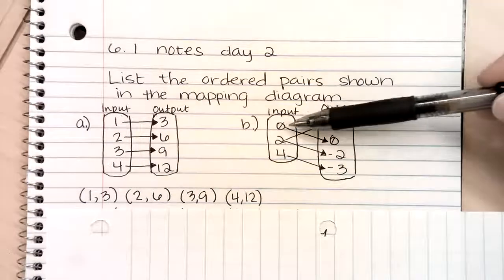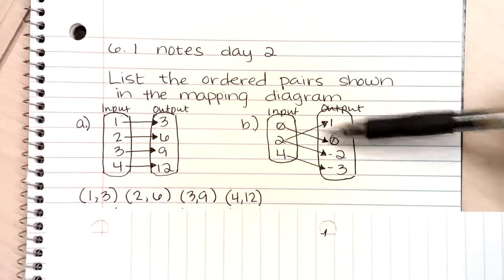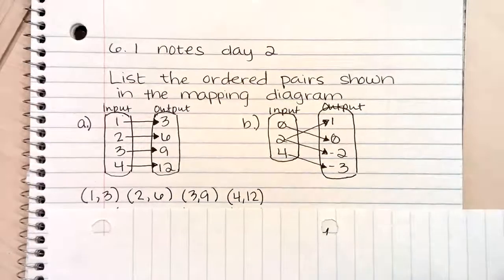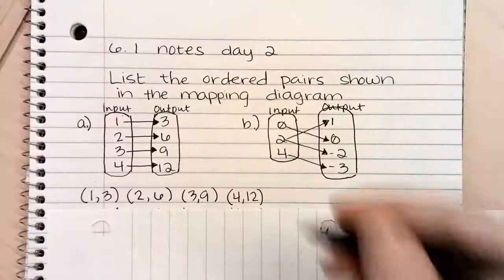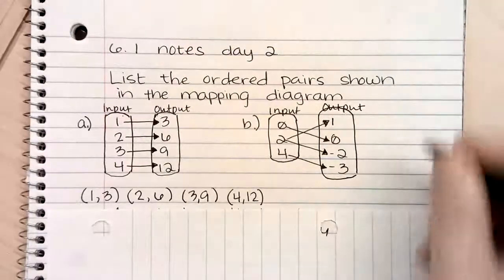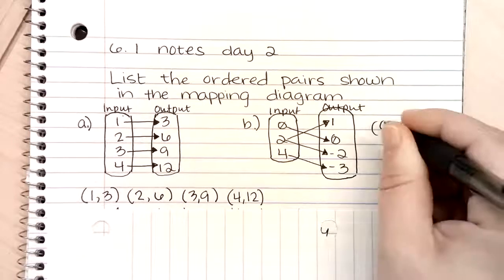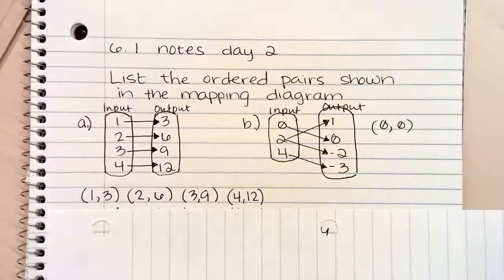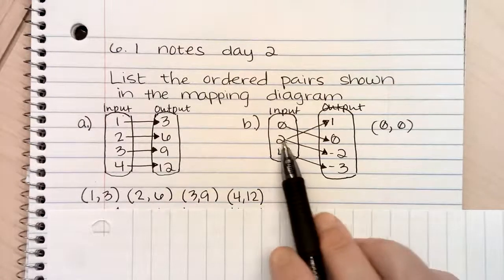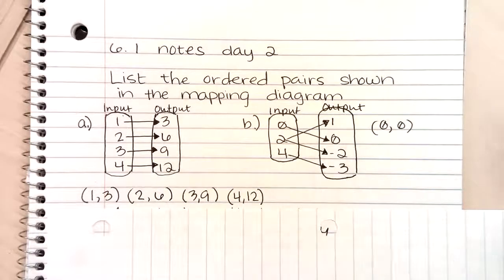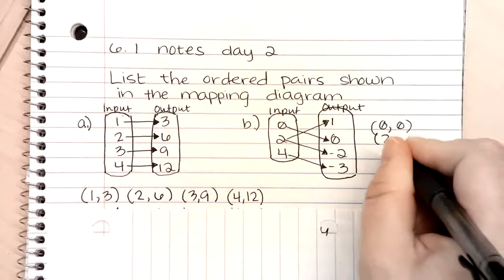So let's start with our first input. The arrow goes from 0 to the other 0. So we know we have 0, 0. I'm going to write them over here. Next, we have 2. And 2, I see an arrow going up to the 1. So I know I have 2, 1.